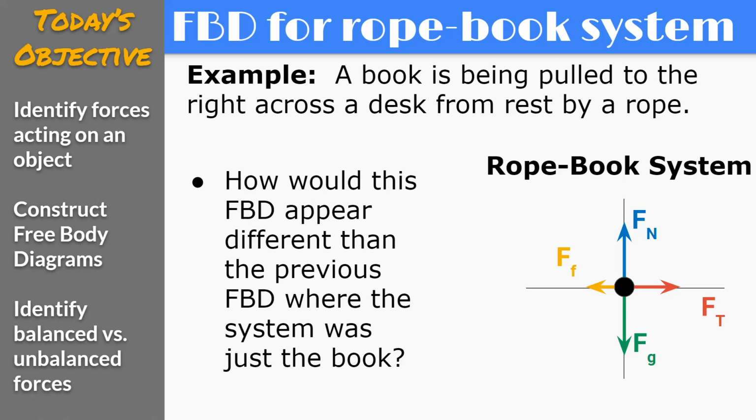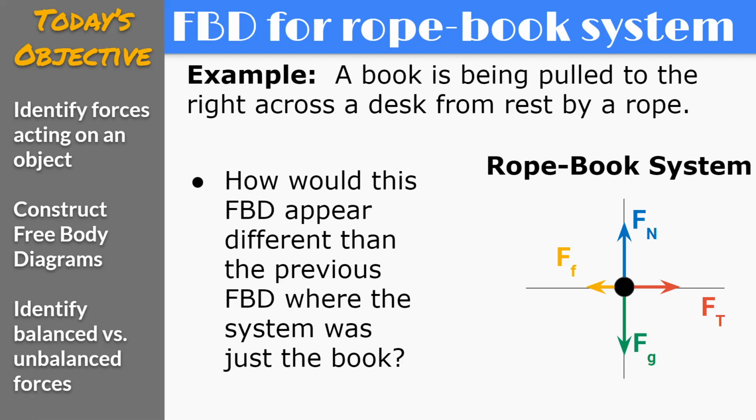And it does actually look different because if I include the rope as part of my system, then I can't show forces between the rope and the book on my free body diagram because those forces are now inside of my system. Whenever you draw the free body diagram, they have to be forces that are coming from outside the system acting on it. So if the rope is part of the system, that tension is now part of my system.